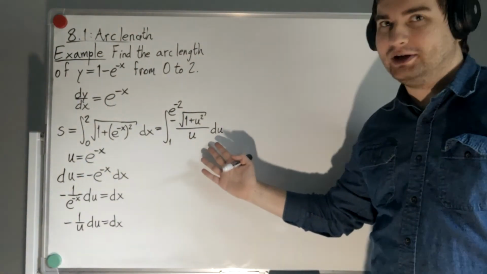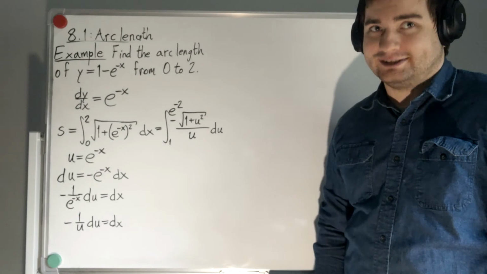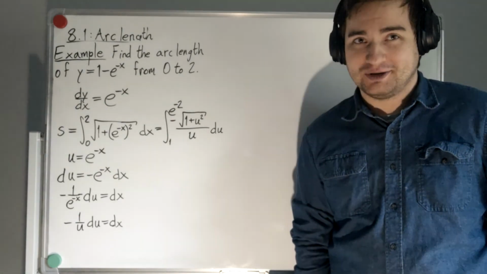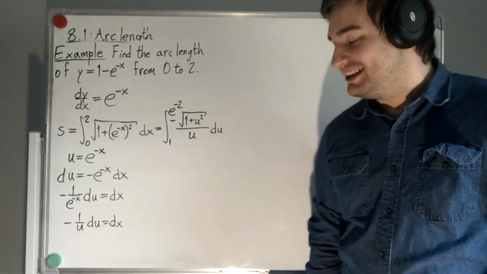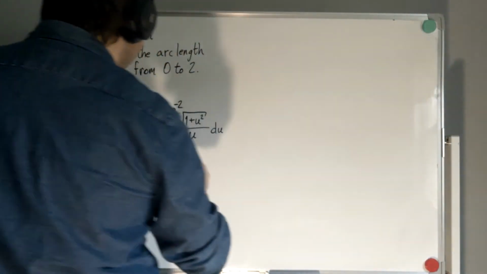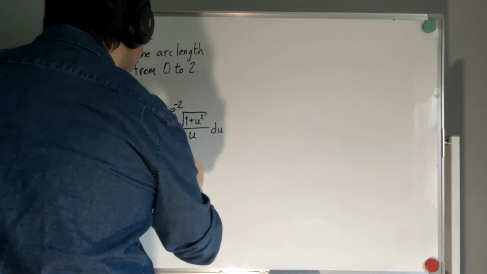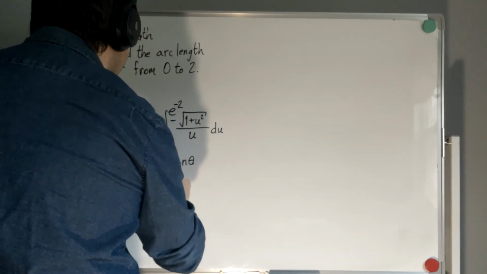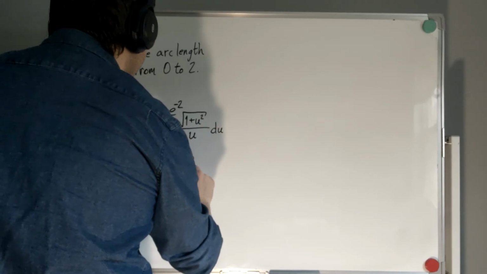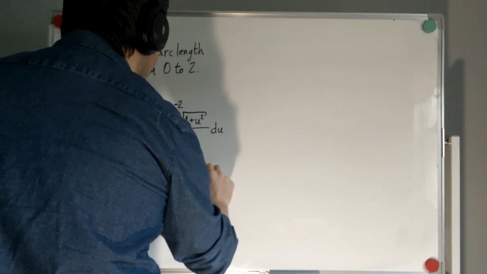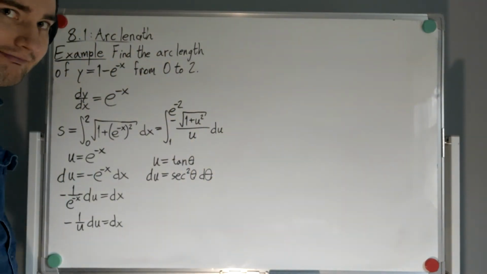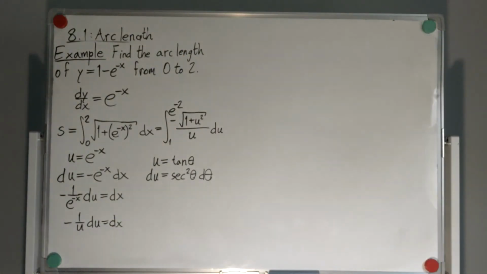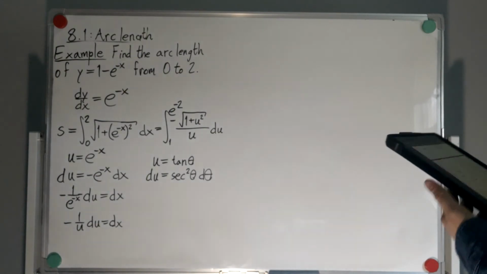And now this integral looks pretty innocent as well, right? It's not. This one you have to do by a trigonometric substitution. You have to say u equals tangent theta, and then du equals secant squared theta d theta. So then it does the whole trigonometric substitution thing.